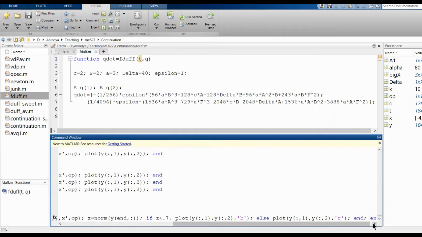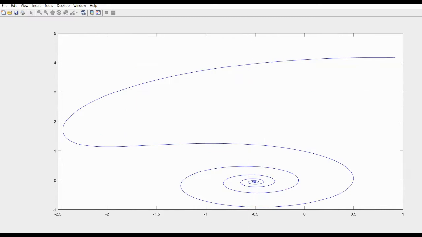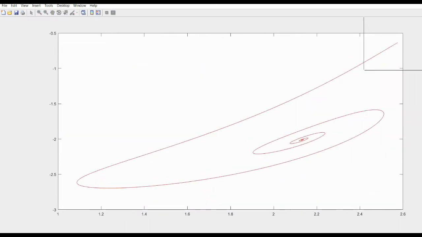Okay, so small solution blue, large solution, small final state blue, large final state red. Now let us see. I forgot to put, hold on, otherwise everything is fine.